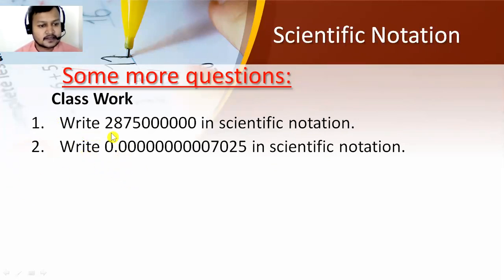Question is write 2875 and then 6 zeros are there: ones, tens, 100, 1000, 10,000, lakh, 10 lakh, crore, 10 crore, then arab. 2 arab, 87 crore, 50 lakh in scientific notation.